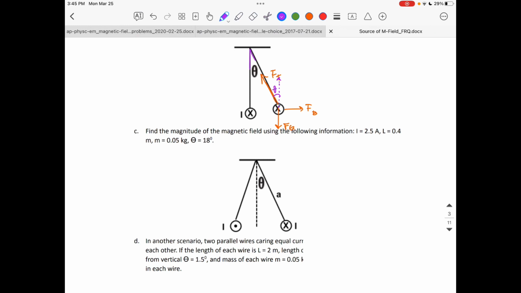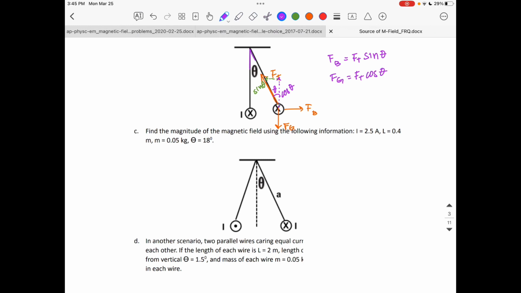So the vertical component is cosine, and then the horizontal component going this way is sine. That lets us know that we've got the magnetic force equal to the tension force sine of theta, and we've got the gravitational force equal to the vertical force, which is cosine of theta.